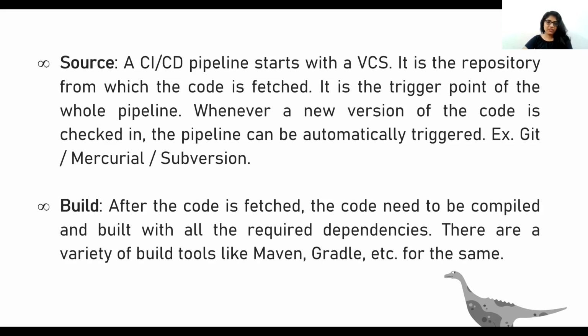Second, after the code is fetched from the VCS, it's compiled and built. Complex software often includes dependencies, which are a mandatory requirement to build the program. Build tools like Maven, Gradle, etc. are used at this stage, which generates the binaries from the source code.